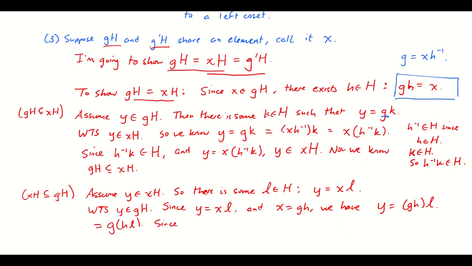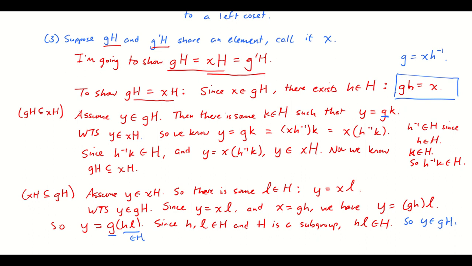And then since H and L both belong to H, and H is a subgroup, the product HL also belongs to H. And since we now have, let me just write this down here. Okay, that feels a little bit better. So Y is equal to G times HL. HL belongs to H. So we have Y belongs to GH.